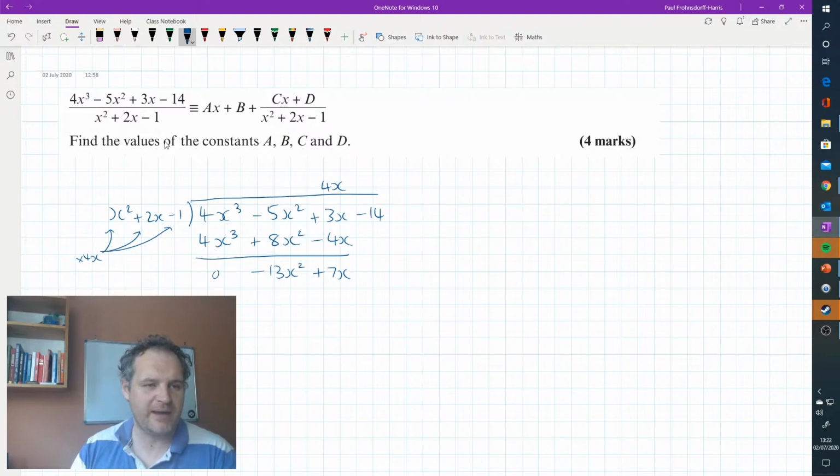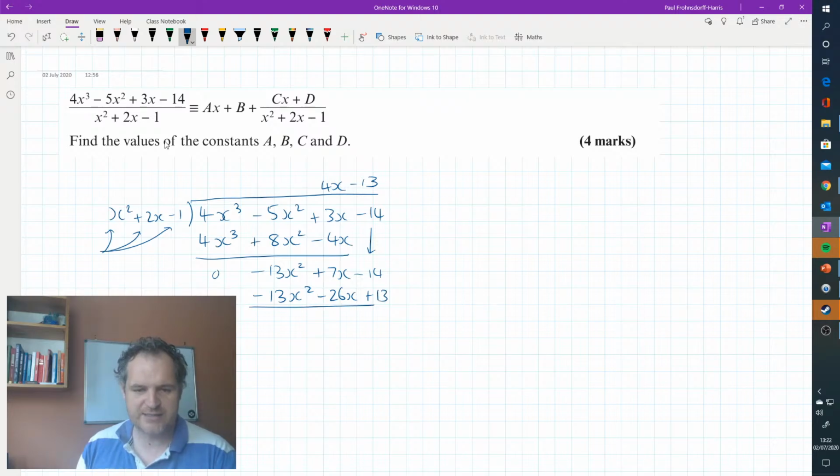How am I going to now make the minus 13x squared? And remember to bring down the minus 14 as well. Well, to get the minus 13x squared, I'm going to need to do minus 13. No difficulties with that one. That's going to give me minus 13x squared, but it's also going to give me minus 26x, and it's also going to give me plus 13.